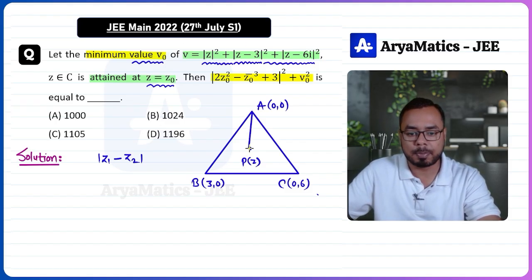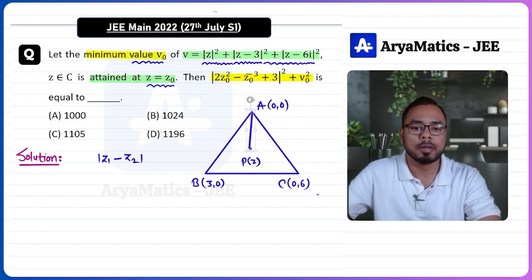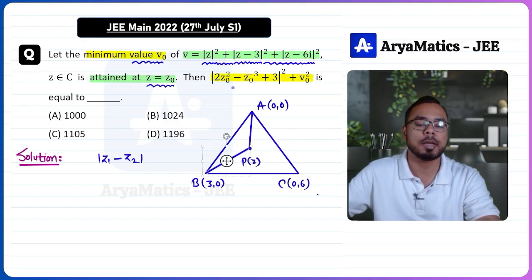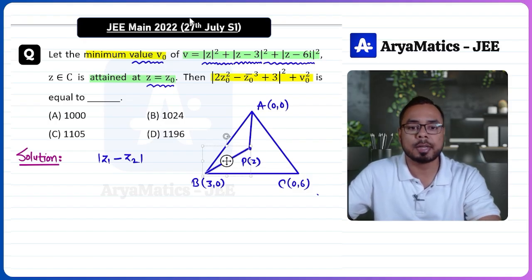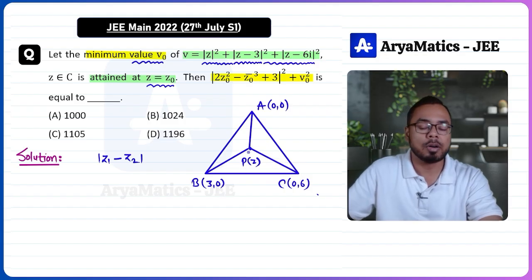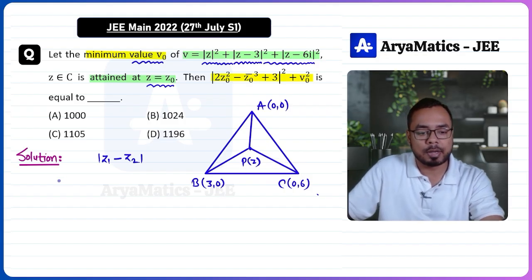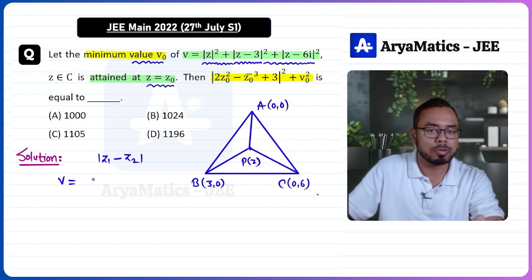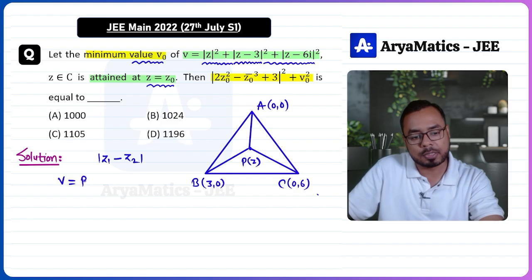Similarly, mod z minus 3 will be length PB, and mod z minus 6 iota will be length PC. Now you can see that V becomes PA square plus PB square plus PC square.